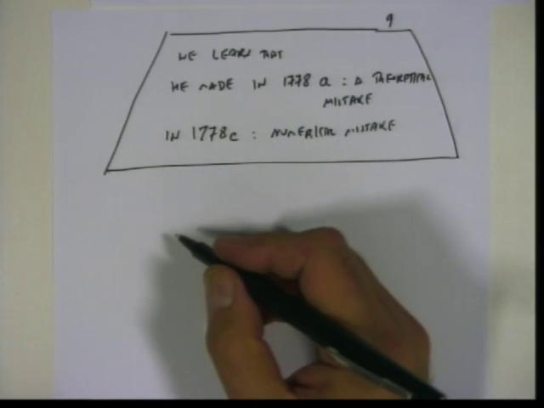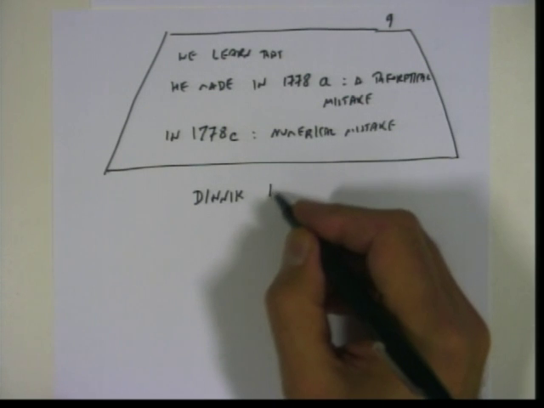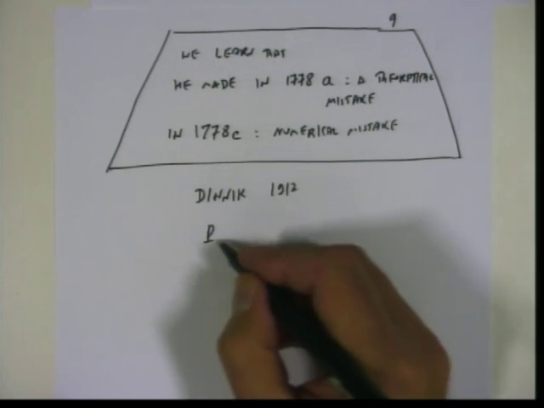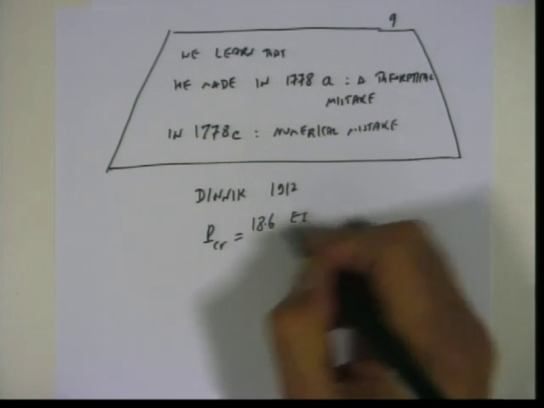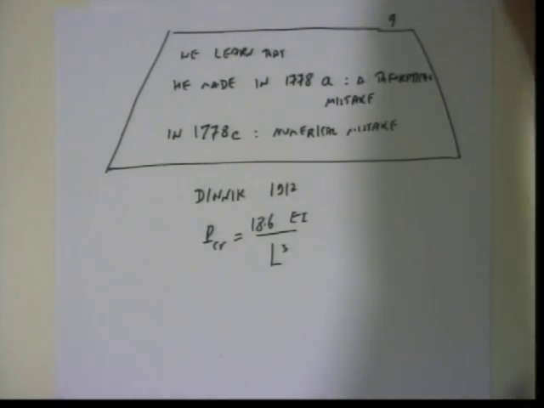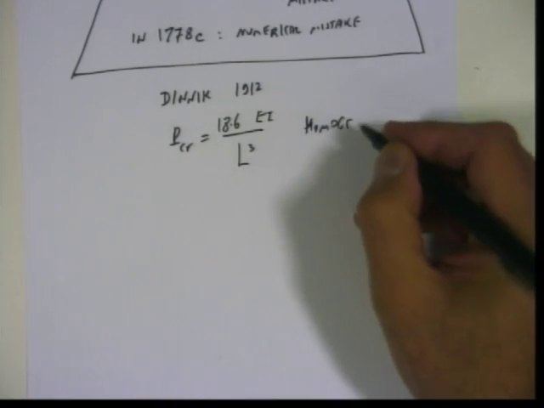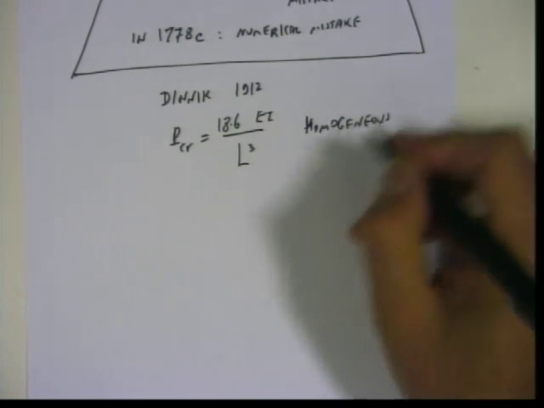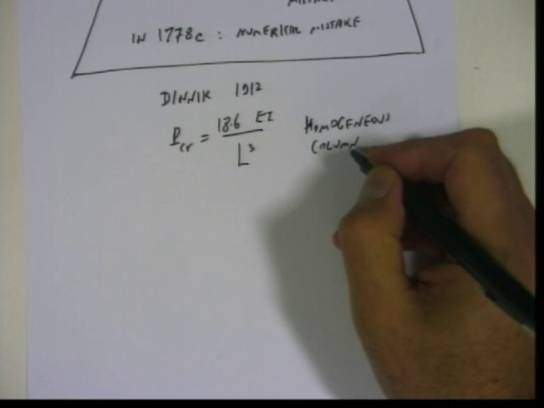So Dinnick obtained, as I said, in 1912, P critical equals 18.6 EI over L cubed. That is for a uniform or homogeneous column. Okay.